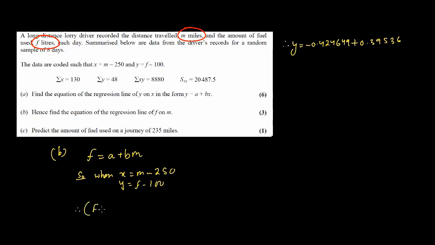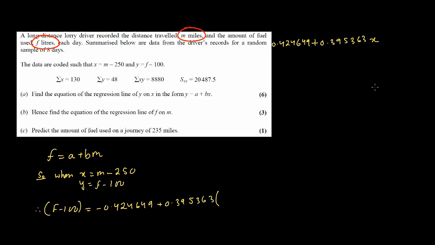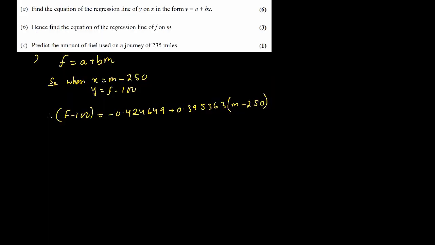Therefore, f minus 100 equals minus 0.424649 plus 0.395363, and instead of x I can put m minus 250.